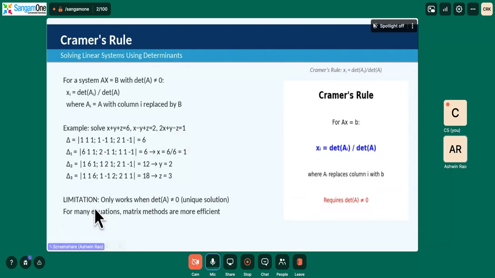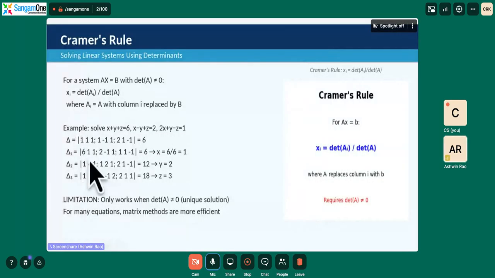With 3 equations, if we find the determinant of this, we can solve the problems only when the determinant is not equal to 0. So this transposes to Cramer's rule.